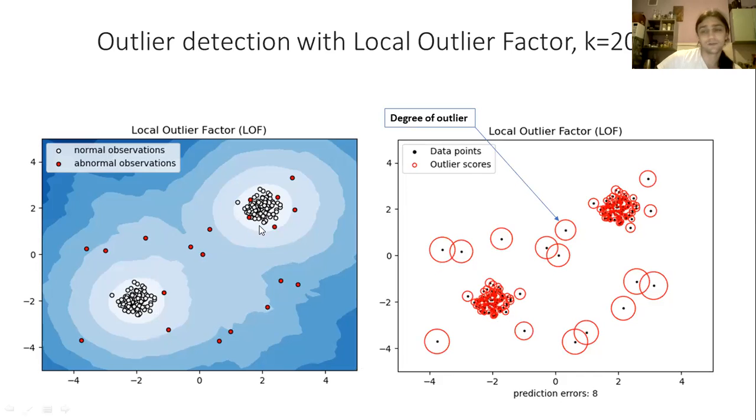Look, we have two clusters: a cluster of points with normal distribution and points with another distribution. LOF, our algorithm for outlier detection, has only 8 errors, these points.